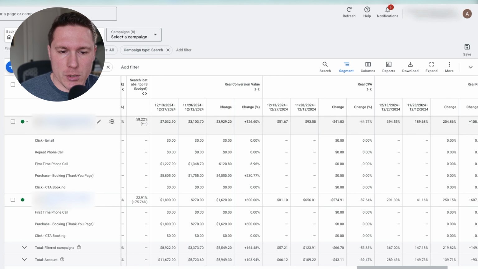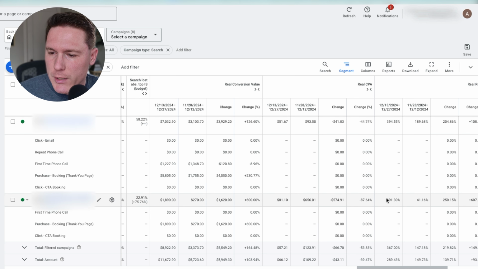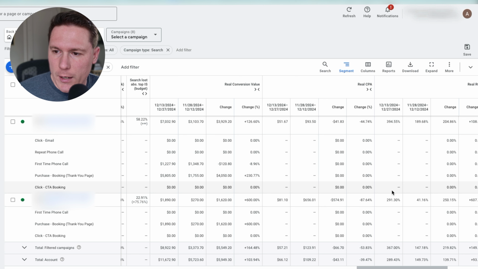I actually started this out on TCPA, changed it over to target ROAS of about 200%-ish, and now we're getting 394% in this time period, and then this one's getting a 291%. And these are really amazing results for this client. They were happy with this result.